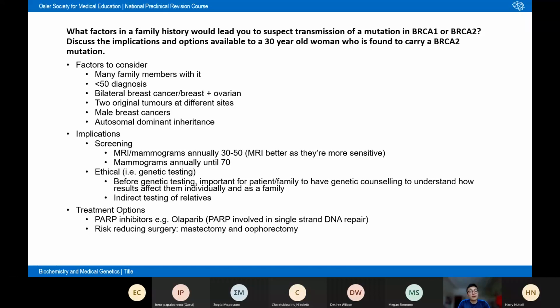And so this is important both at the individual and family level. And subsequently, this idea of testing of relatives is a topic which is highly debated. It has both its advantages and disadvantages.